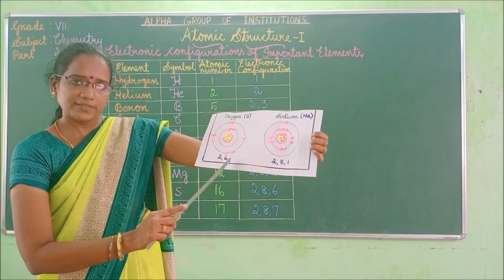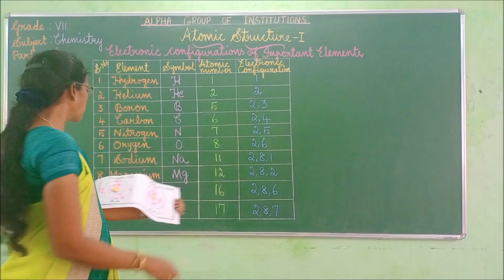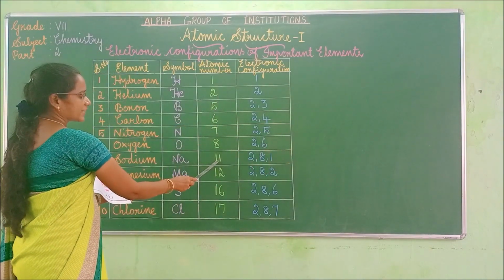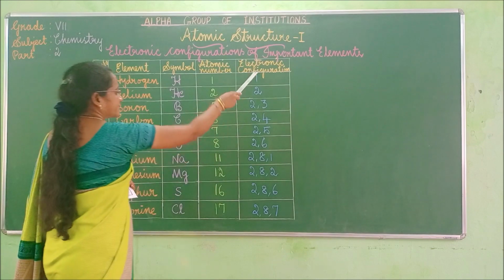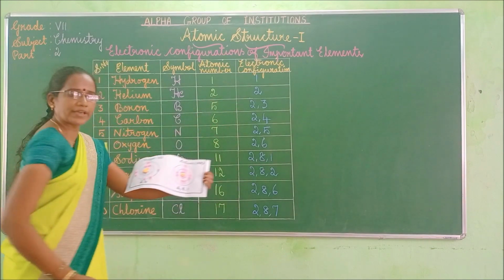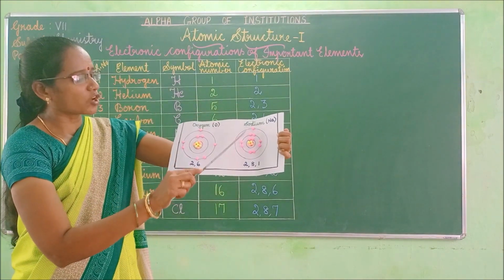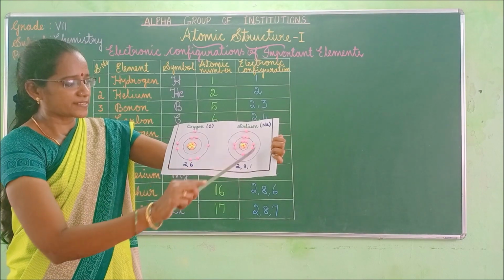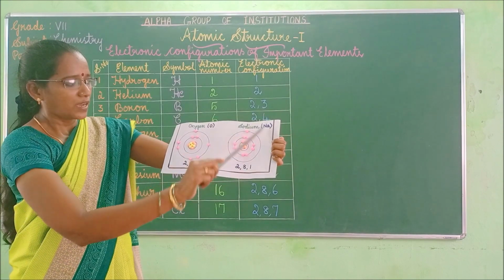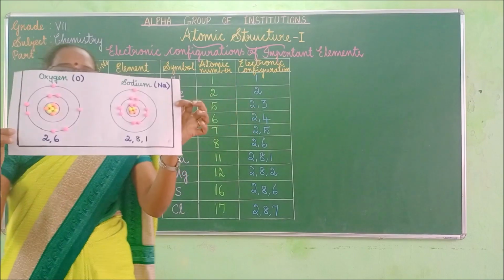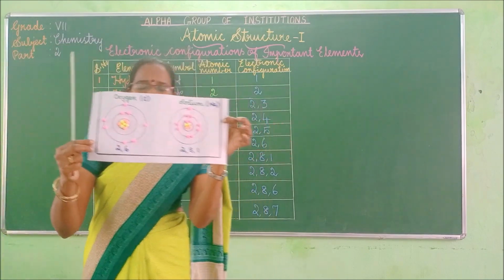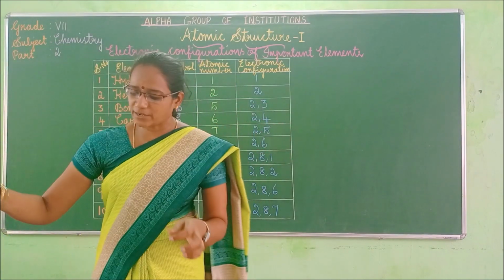So 2, 6, right? Next one is the sodium atom. For sodium, its atomic number is 11 and its electronic configuration is 2, 8, 1. In the first orbit 2 electrons, in the second orbit 8 electrons, in the outermost orbit only 1 electron. So this is the sodium atom.